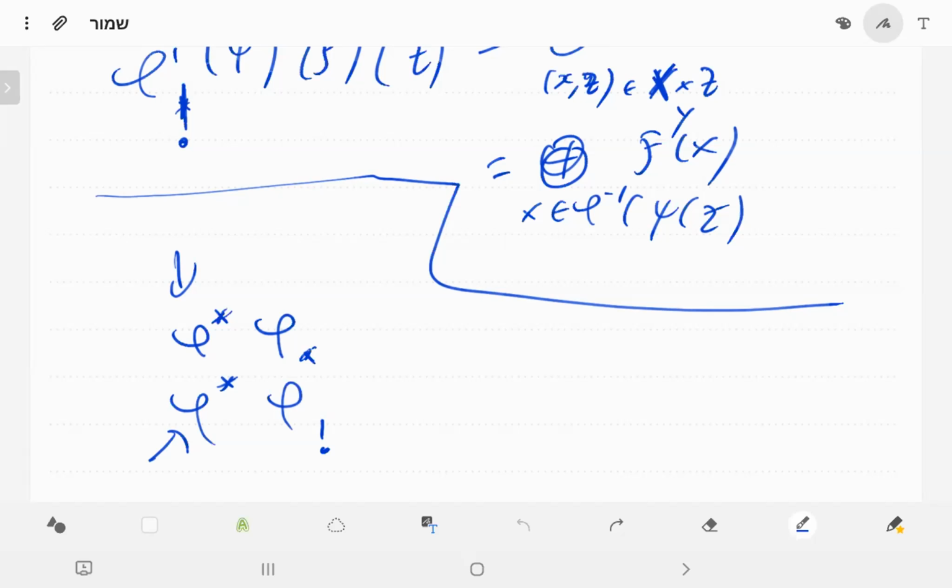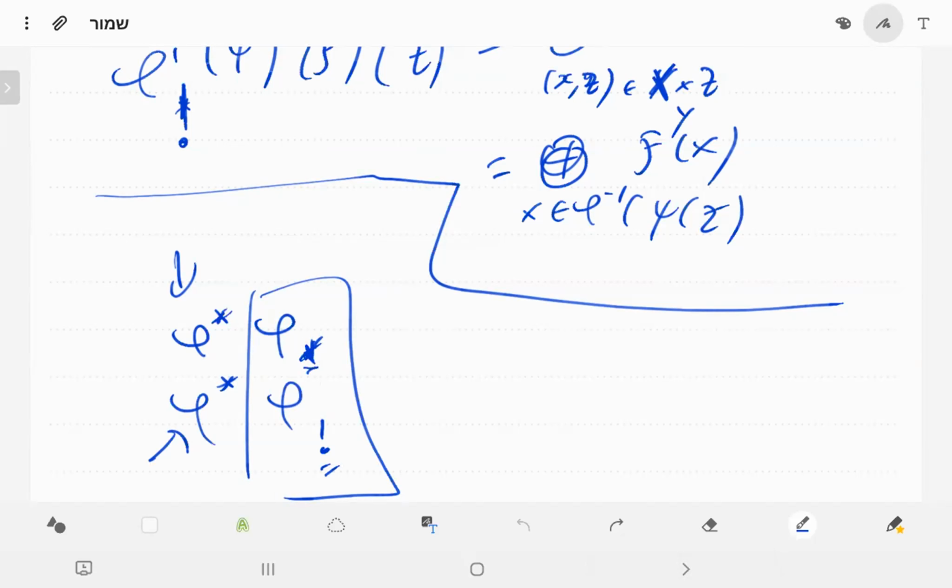And the reason why the thing works here is that sometimes lower star and lower shriek coincide, and sometimes upper star and upper shriek coincide. And when lower star and lower shriek coincide, you already saw, if the direct sum is finite, it's the same as the product. If the group is finite, invariants and coinvariants are the same, assuming we're working in characteristic 0.